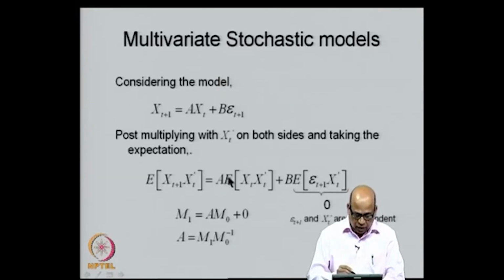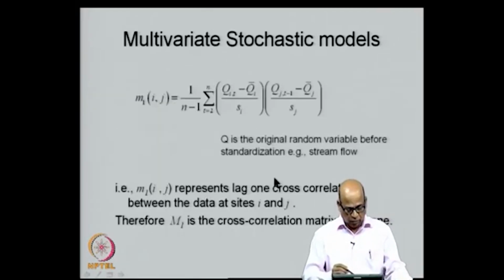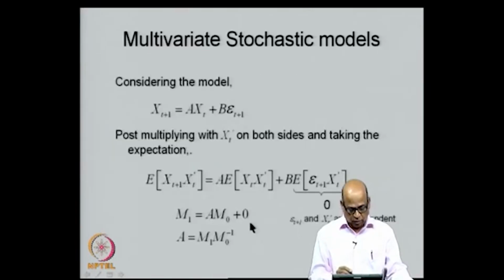We get here the expected value of x t prime, and what is x t prime? We have defined M 0 to be the expected value of x t x t prime, and therefore this term is nothing but M 0. And what is this now? The expected value of x t plus 1 x t prime.